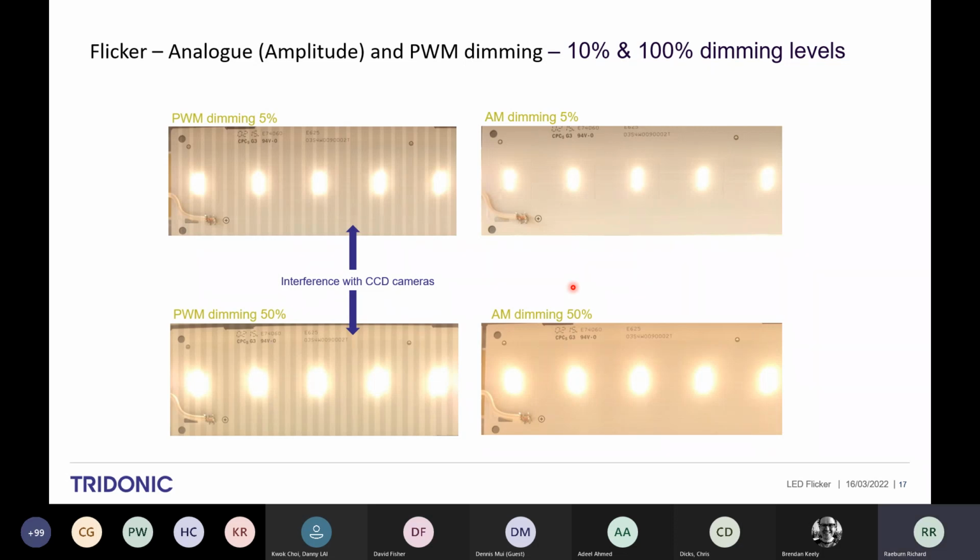So hence why a lot of people think they've got really bad flicker because they're viewing it on their mobile phones. The reality is they haven't. They can't perceive it in any other way. So never use mobile phones to see how bad your light flicker is, because it'll look terrible.